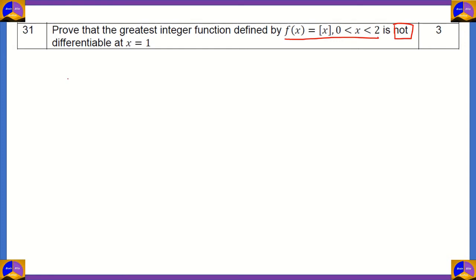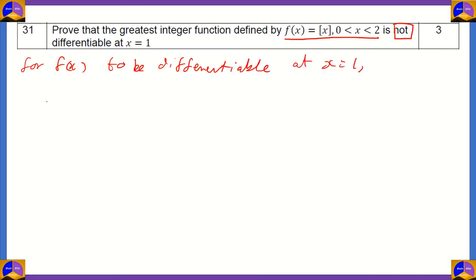Now, the condition for f(x) to be differentiable at x equals 1 is that you need to be able to prove that limit x tends to 1 minus f(x) equals limit x tends to 1 plus f(x) is equal to f(1).